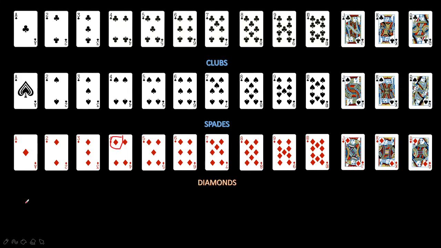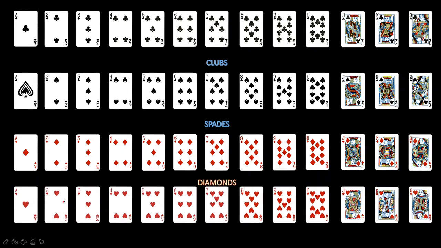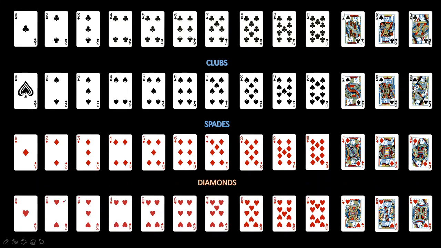Then there is one more set of 13 cards which is called hearts, because the symbol is the one usually referred to as hearts. But the order is the same: ace, 2, 3, 4, 5, 6, 7, 8, 9, 10, jack, king and queen. Do you see that?